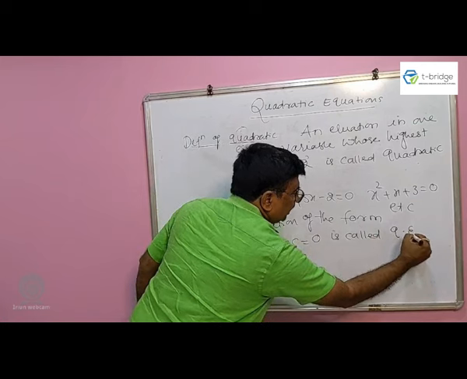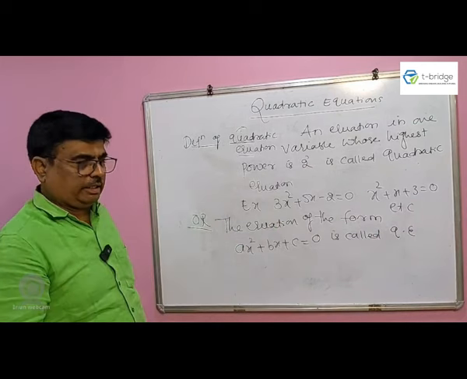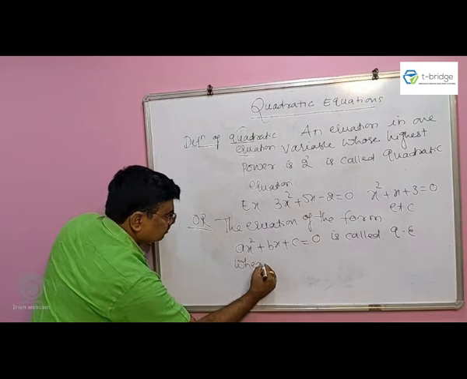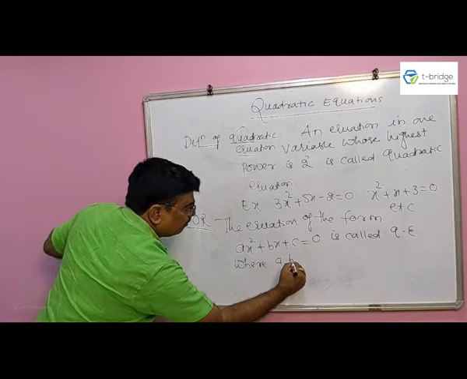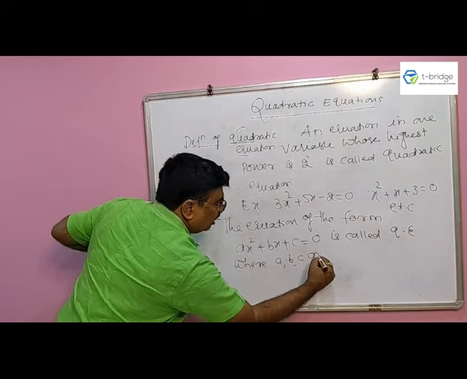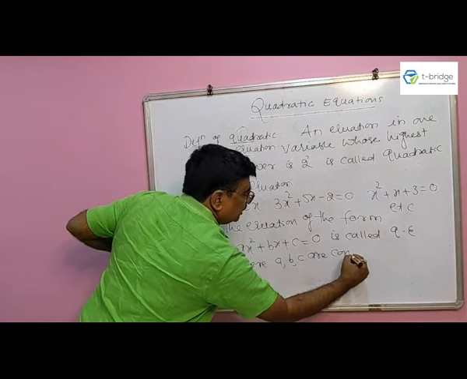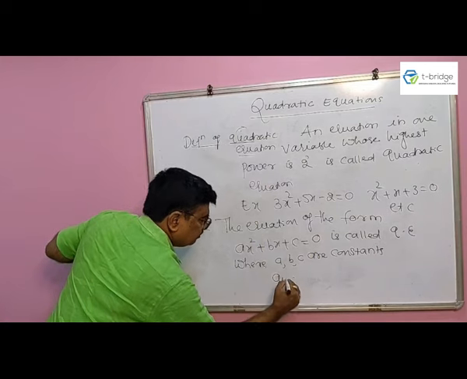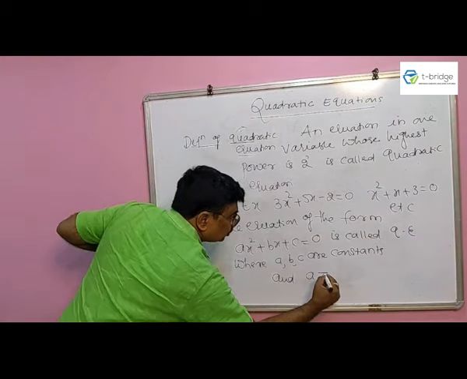I am going to write QE, the short form of quadratic equation, where a, b, c are constants and a is not equal to 0.